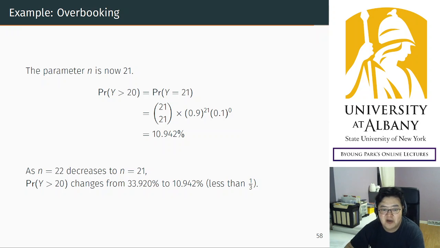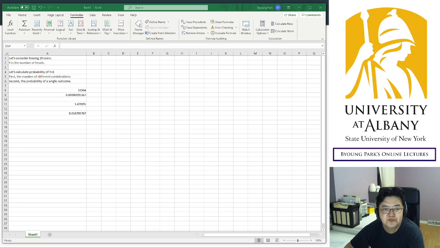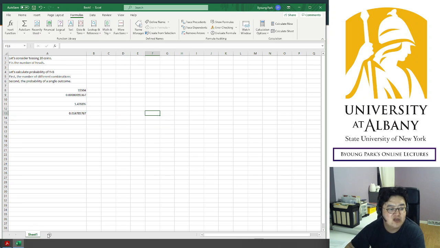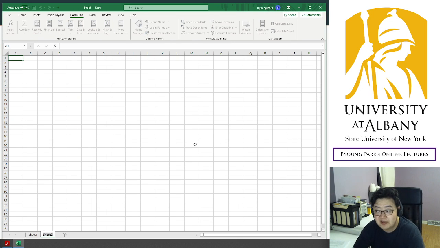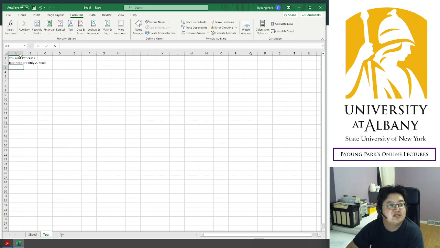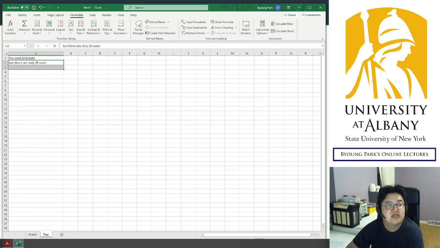And here I am going to show you how to calculate those probabilities in Excel. Suppose you sold 22 tickets, but there are only 20 seats. This is our setup.